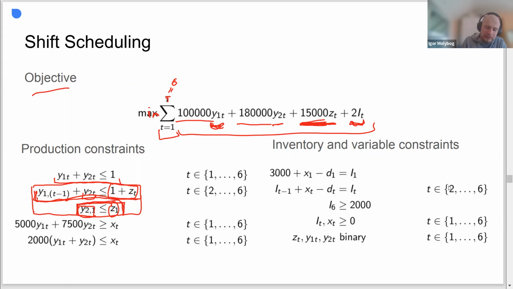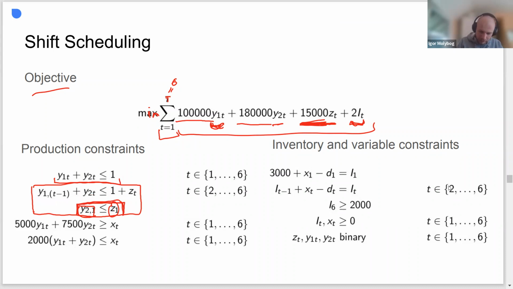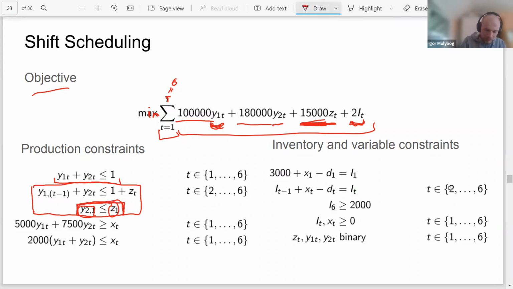Okay, I need to clarify on this. So basically, what is being said here is that our zt must be equal to 1 if and only if y1 t minus 1 is equal to 1 and y2 t is equal to 1.